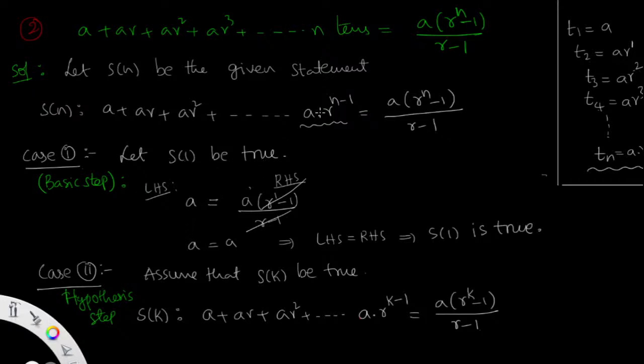In the place of n, substitute both LHS and RHS, both are equal. Therefore, S of n is true for the given statement. Hypothesis step is assuming that S of k be true, then a plus ar square till going on a into r power k minus 1, that is a into r power k minus 1 by r minus 1. So this is the hypothesis step.